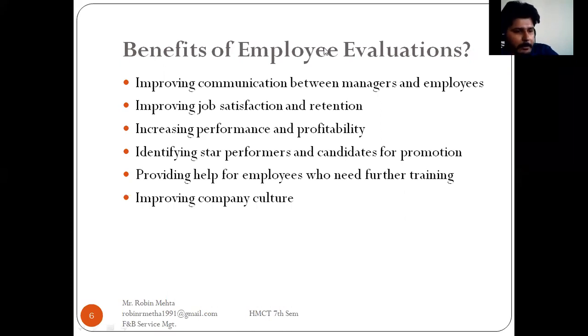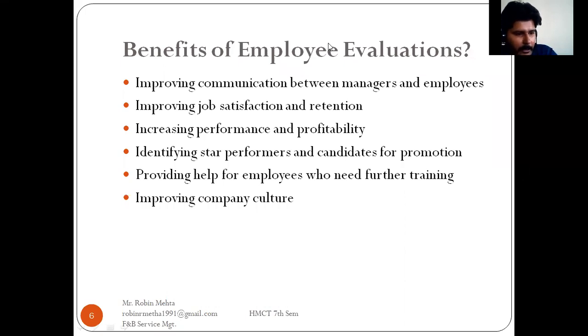Or maybe employees discuss with me that they need training because they are not very familiar with this job, this task, or this new technology. So they can say that also, for their further training needs.